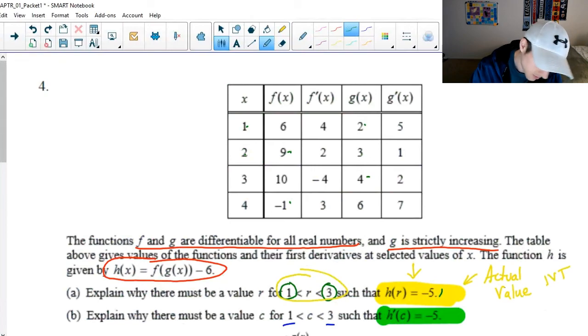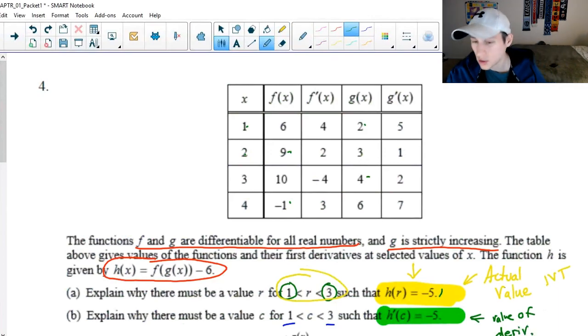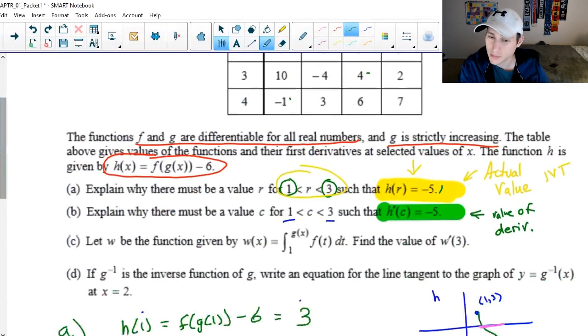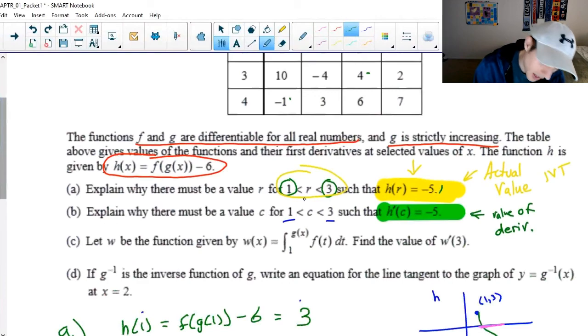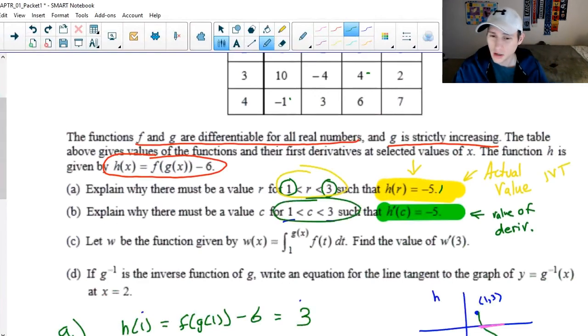Now on the other side, if you're being asked a question about the value of the derivative, right? h prime of c is -1, and you're given some bounds, so between here and here.